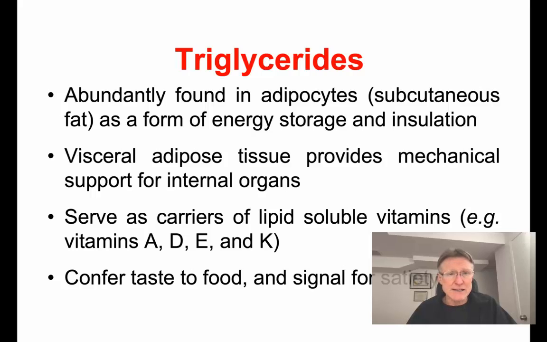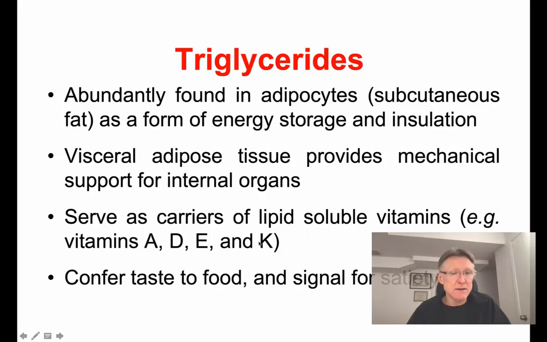We have it under the skin, but we also have it in the visceral adipose tissue that provides mechanical support for internal organs. And also triglycerides, especially the ones that we are getting from the foods, serve as carriers of lipid-soluble vitamins. For example, A, D, E, and K. Remember those. So they not only provide energy, mechanical support, and insulation, but they also serve as carriers for lipid-soluble vitamins.